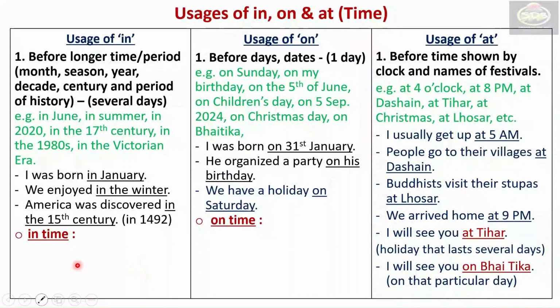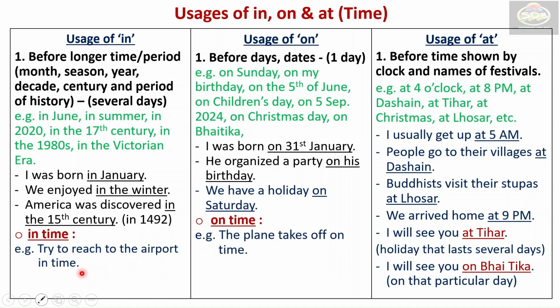Another one is in time and on time. What is the difference? Let's observe the example. Try to reach the airport in time. The plane takes off on time. Well, in time means before it's too late or around that particular time.